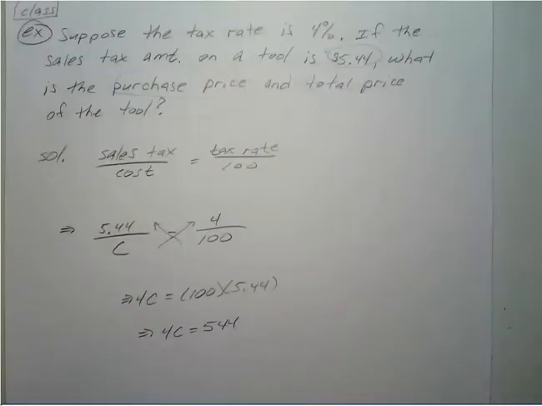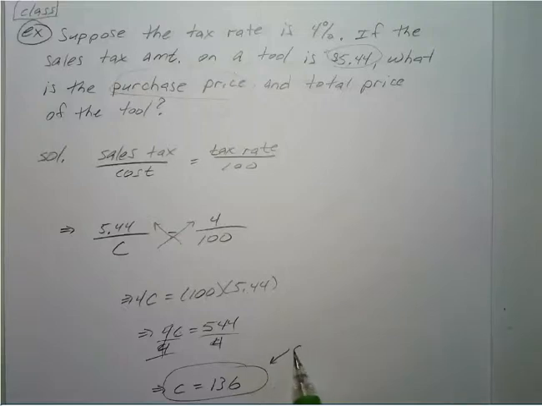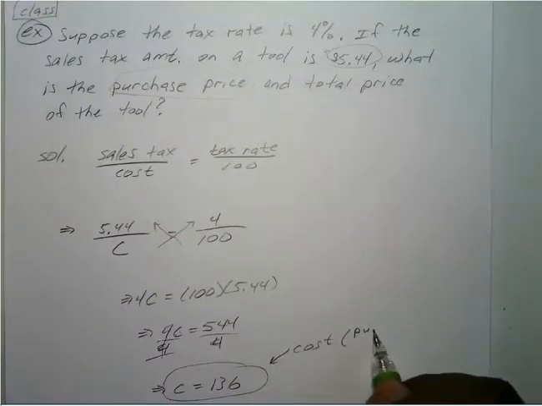If we divide both sides by 4 to get our C isolated, C, your cost, is equal to 544 divided by 4, which is 136. So that's your cost, or you can call it your purchase price.